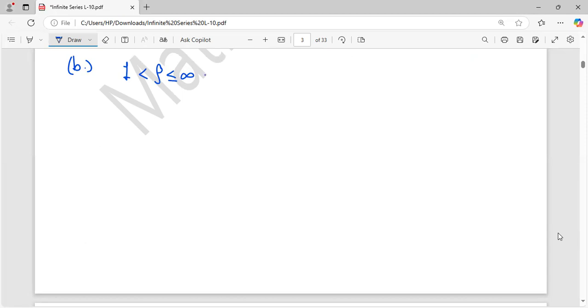Then now choose epsilon greater than 0 such that rho minus epsilon is also greater than 1.